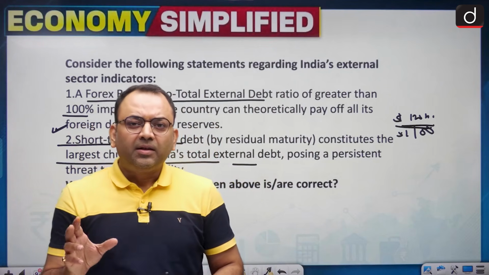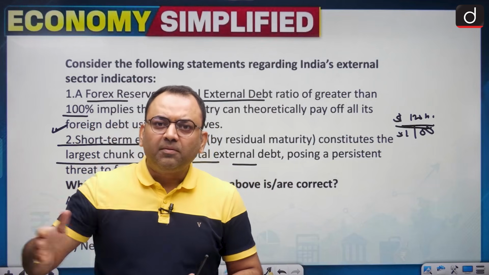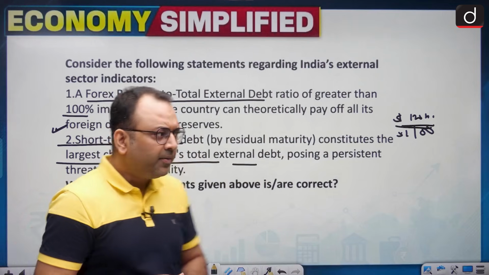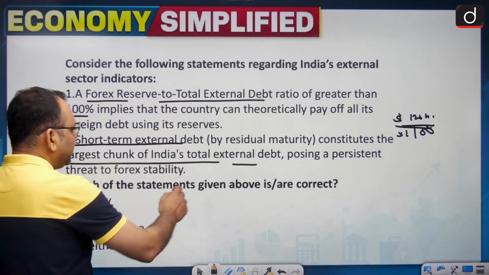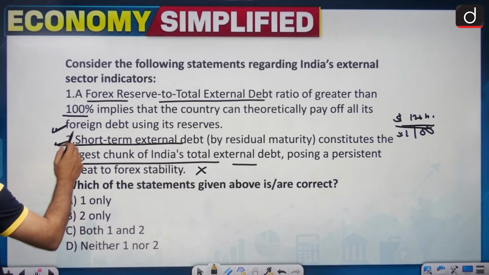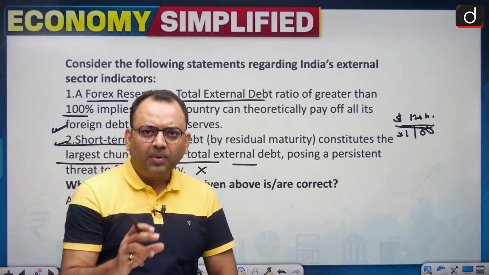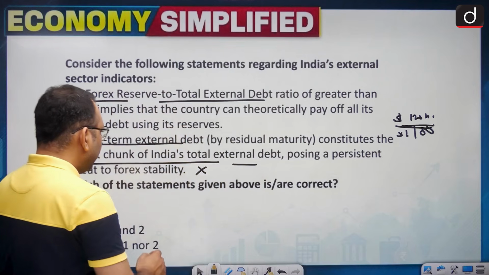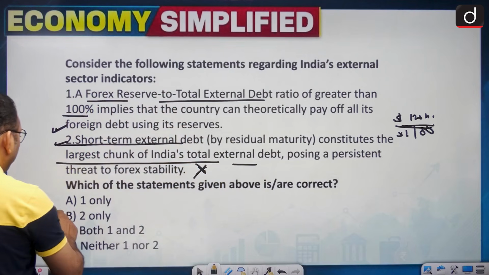It means that the long-term debt, to be paid after more than a year, is large, and the short-term debt is a smaller part. That's why this is an incorrect statement. So the answer here becomes 1.